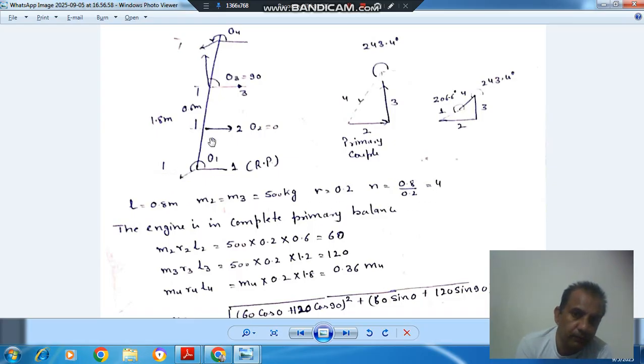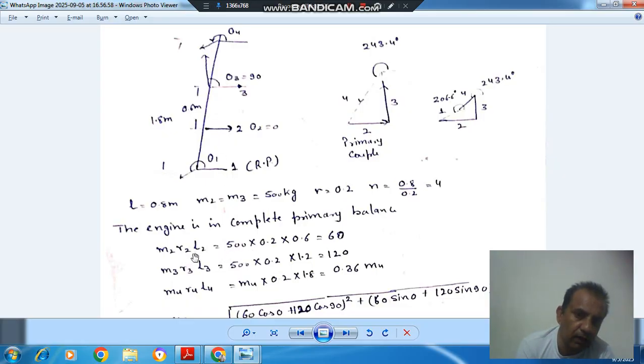So now from this diagram we can find out M2, R2, L2, taking 1 as reference point. M2 is 500, radius of crank is 0.2, and this distance is 0.6 meter. Because total is 1.8 meter and this is symmetric, this is 0.6, this is 0.6, this is 0.6.